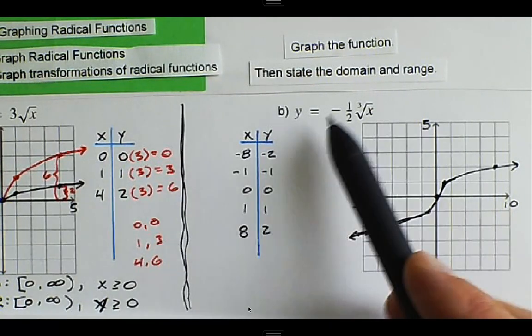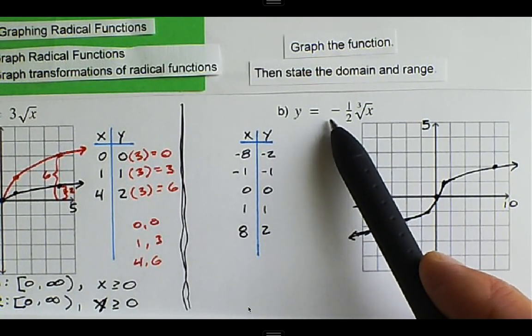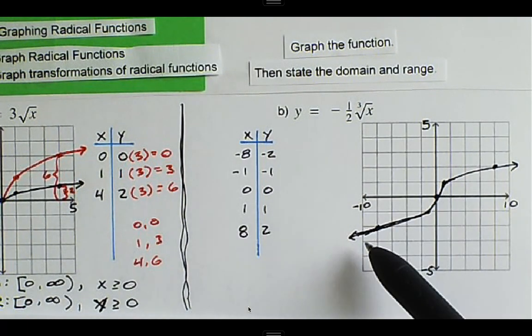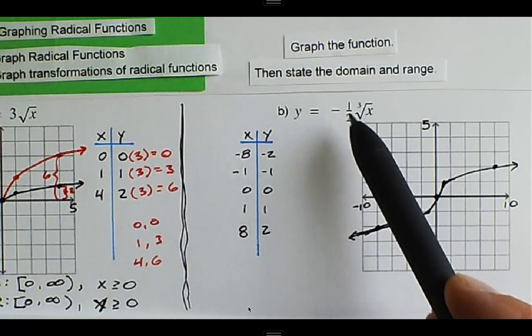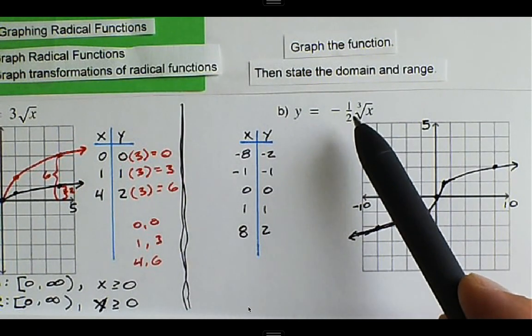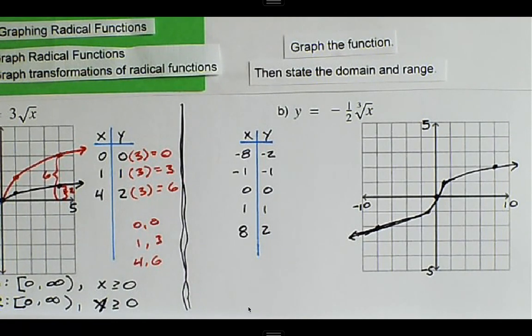And now we take the parent function, and we actually do two things. The negative value says we flip it over the x-axis, so everything down here goes up and everything up here comes down. And then we also have a scale factor of 1/2, so everything's going to get a little bit closer to the x-axis.